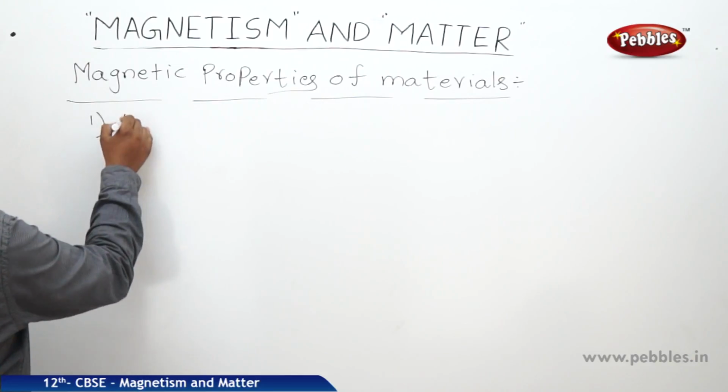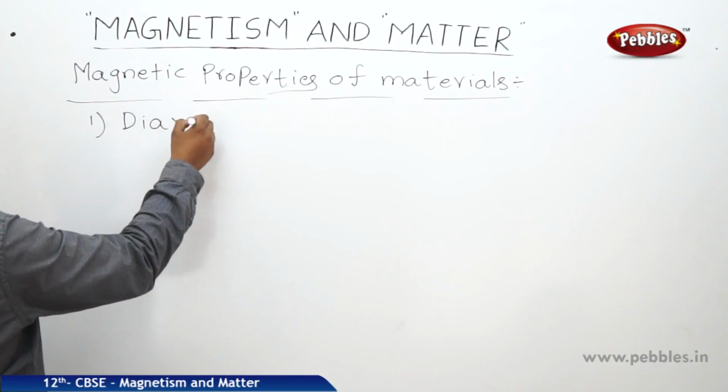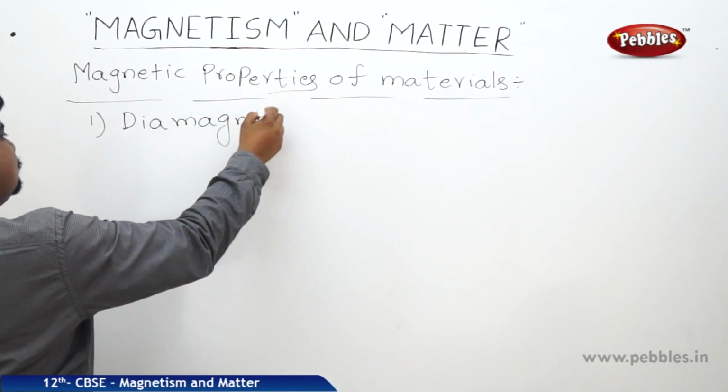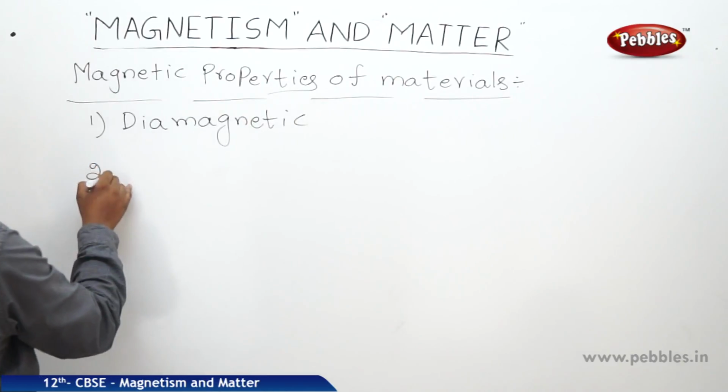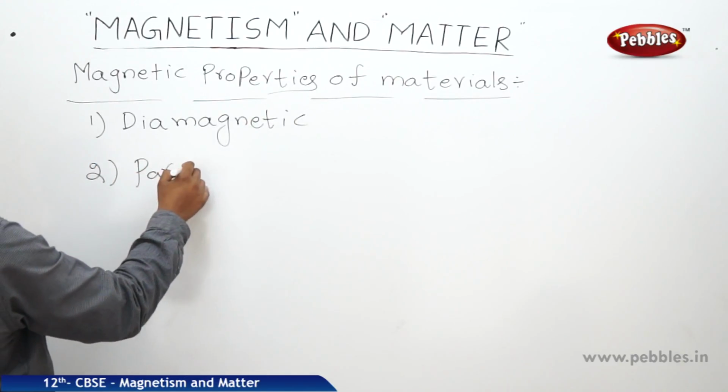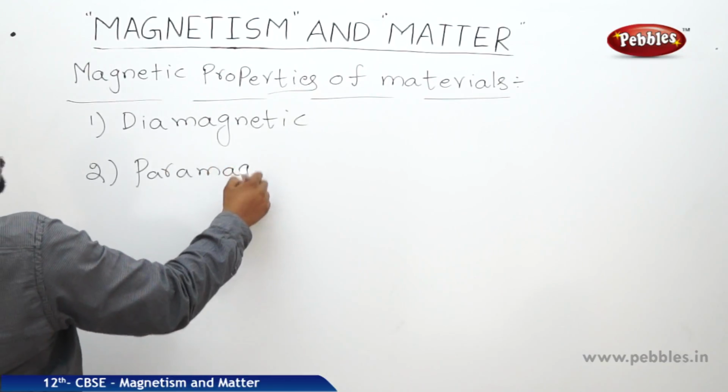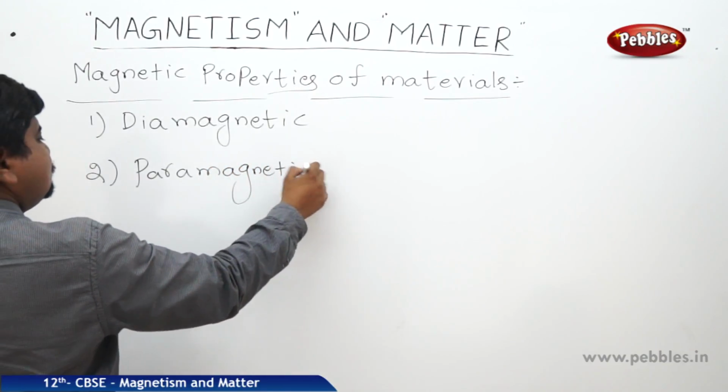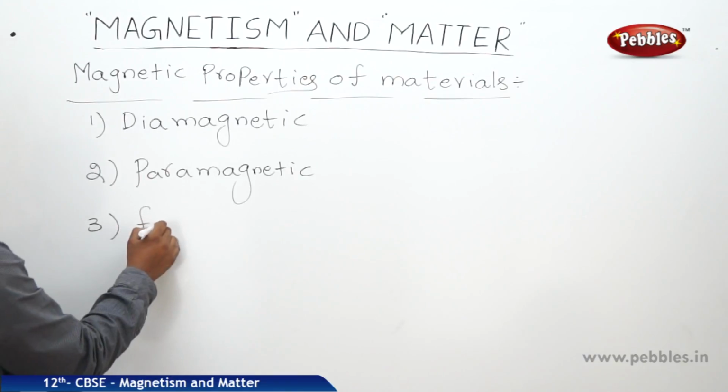First one diamagnetic, second one paramagnetic, third one ferromagnetic substances.